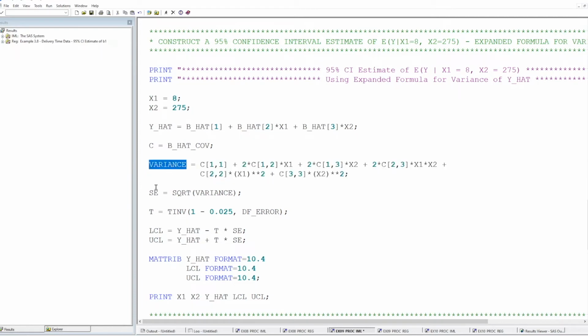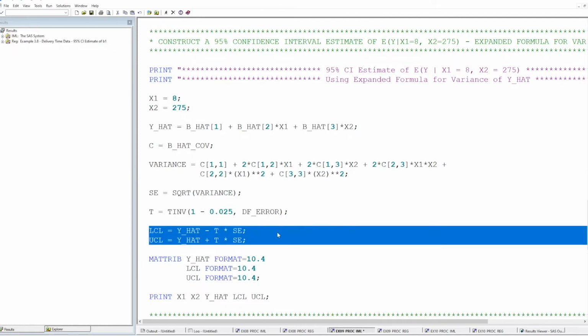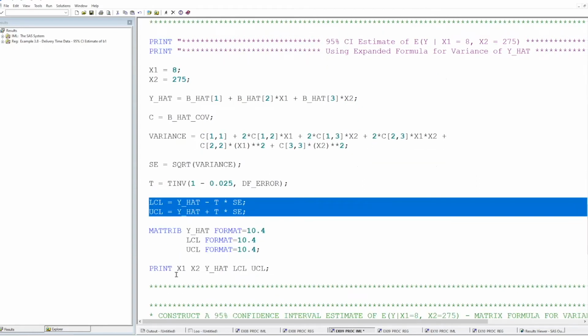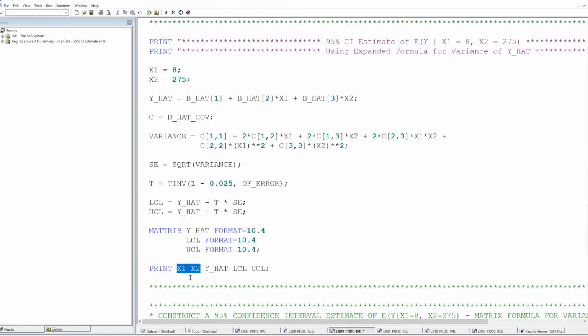We use that to calculate the variance, and then take the square root to get the estimated standard error. We get our t-value, and then construct the lower and upper confidence limits as usual. Then we print out the x values at which we want to estimate y, the point estimate of y, and the lower and upper confidence limits.